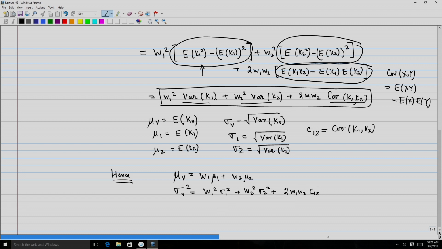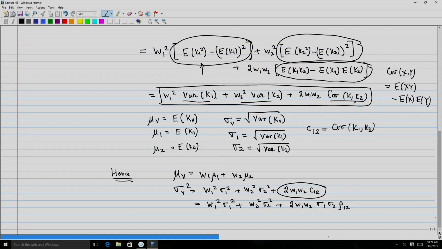Now, this particular term can be rewritten in another form, giving us the following expression: W 1 square sigma 1 square plus W 2 square sigma 2 square plus twice W 1 W 2 into sigma 1 sigma 2 multiplied by rho 1 2, where rho 1 2 is c 1 2 over sigma 1 sigma 2.